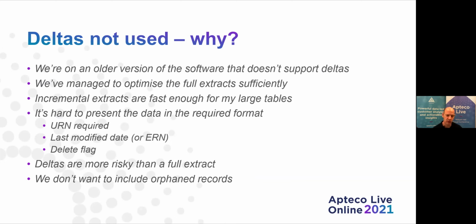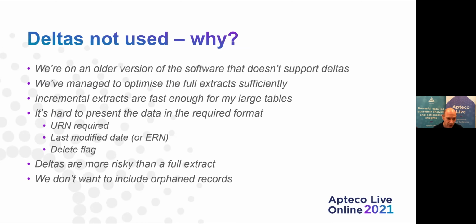Plenty of people stick with the older versions of FastStats and FastStats Designer, because they don't need to upgrade, they don't need the latest features, or they've got corporate policies which mean they only upgrade once a year or something like that. So hopefully, as people move on to a newer version and the Delta functionality trickles down to become old enough for people to install, they'll start using it.